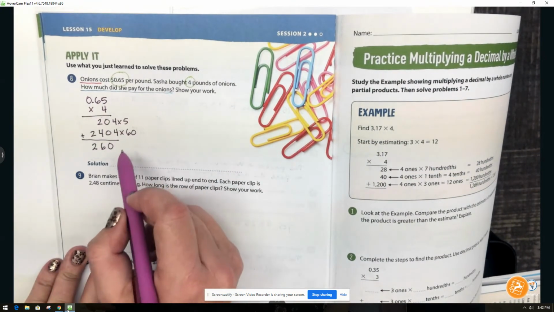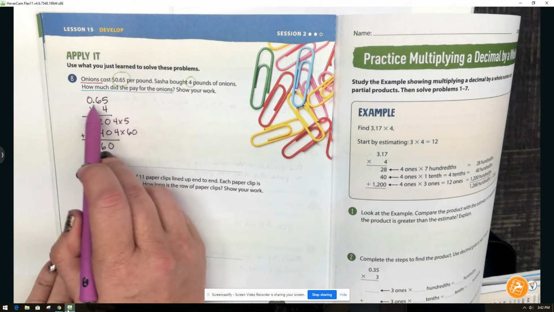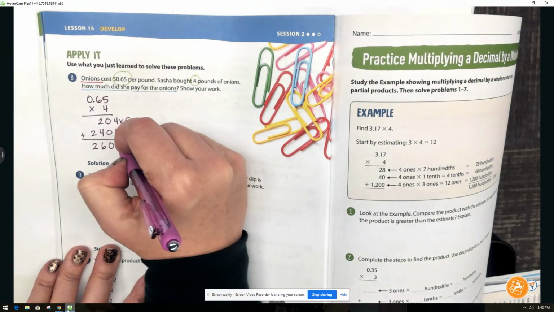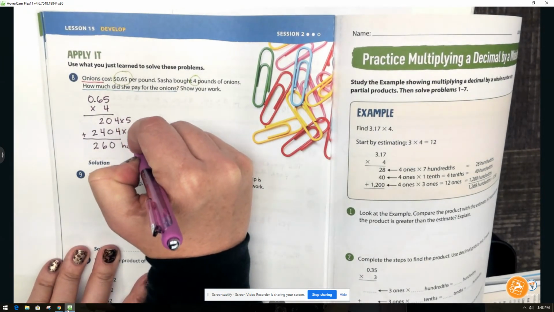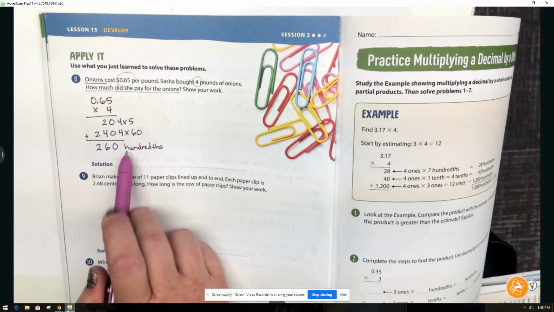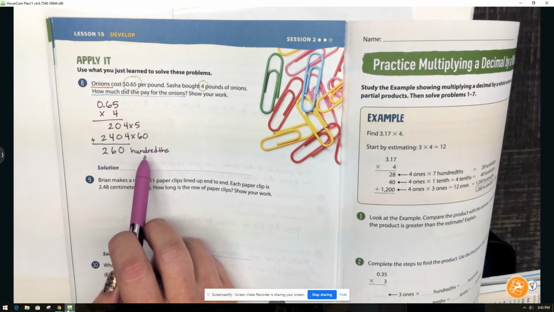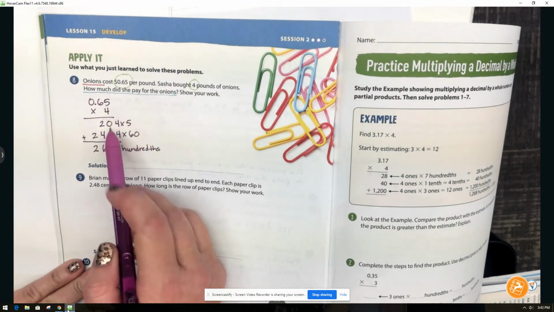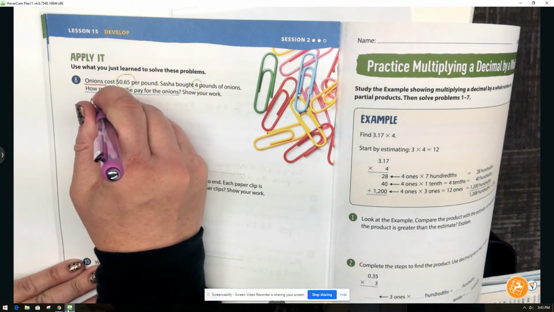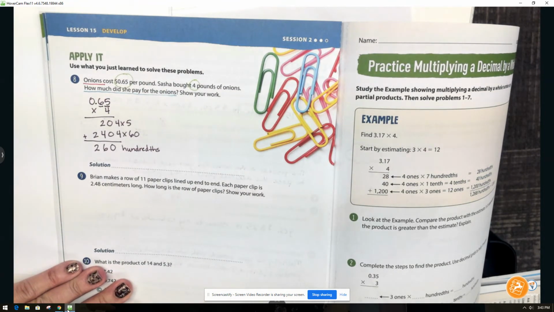So now, since I was multiplying this whole number by hundredths, that tells me that this answer is 260 hundredths. Because when you multiply hundredths times a whole, your resulting answer will always be hundredths. So now I need to figure out where that decimal goes. Remember, to show that something is hundredths, there needs to be 2 digits past the decimal.